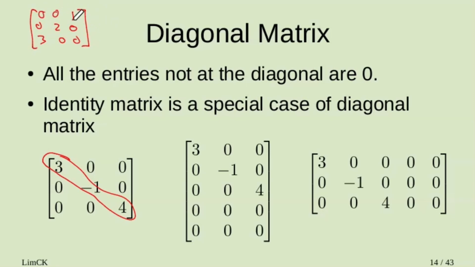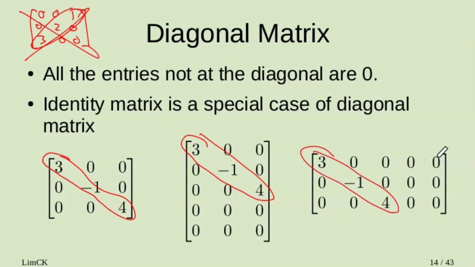Why? Because we don't consider this diagonal. We always consider this one only, I mean, from the upper left to the lower right. This one is the other way around, so this is not a diagonal matrix. But this one is also a diagonal matrix, even though we have more rows here, and this one is also a diagonal matrix, even though we have more columns here.